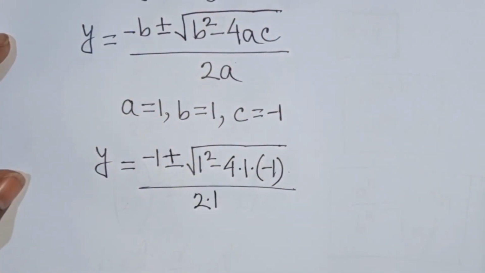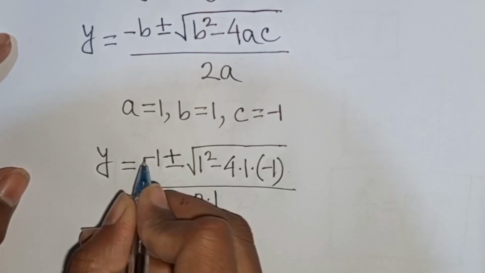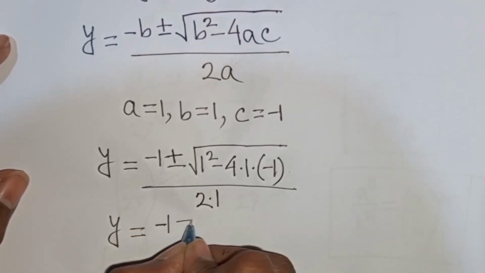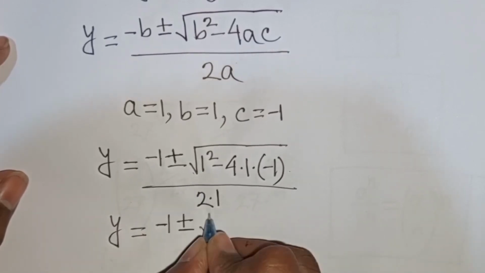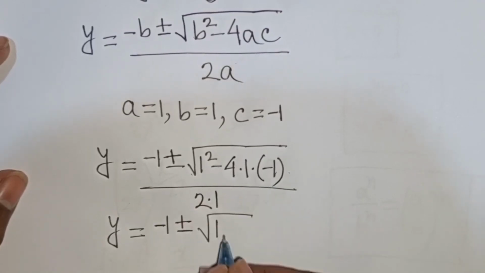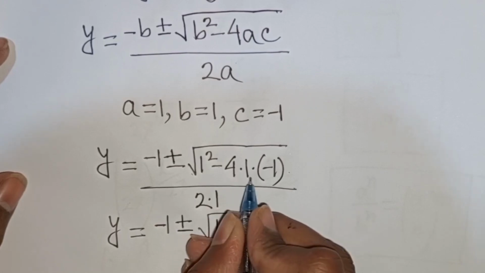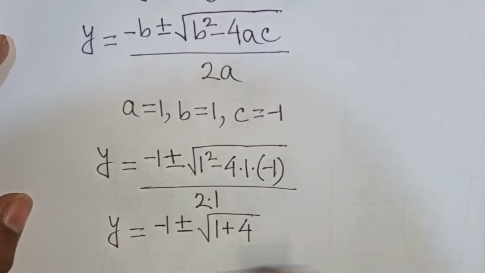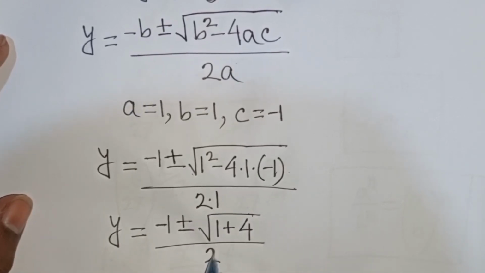Now we can write here y is equal to minus 1 plus or minus a square root of 1 square is same as 1, then minus times minus, that means it will be plus, then 4 times 1 times 1, that means it will be 4, then divided by 2 times 1, that means 2.